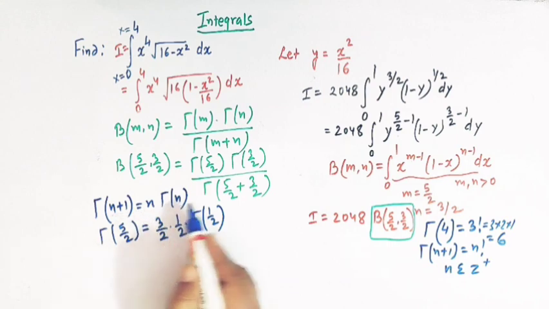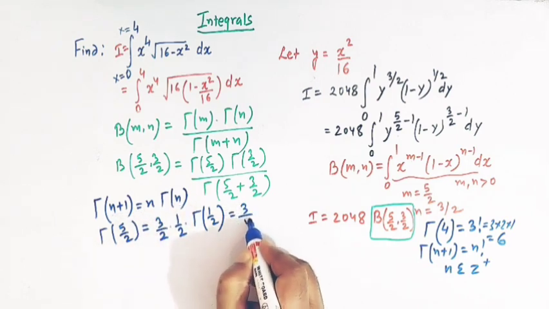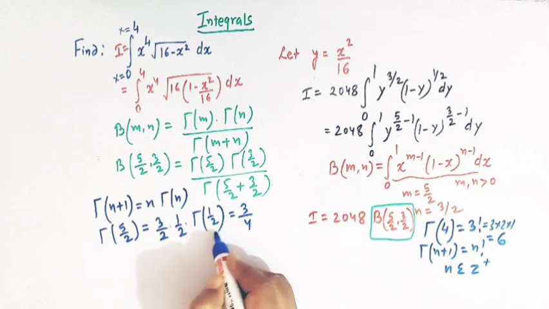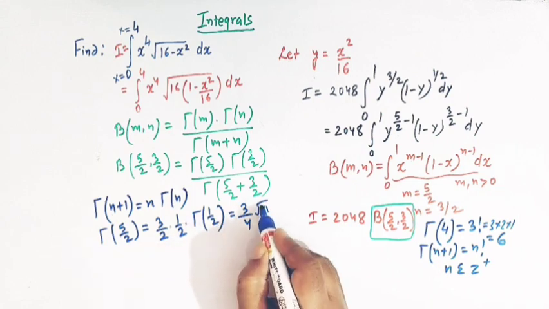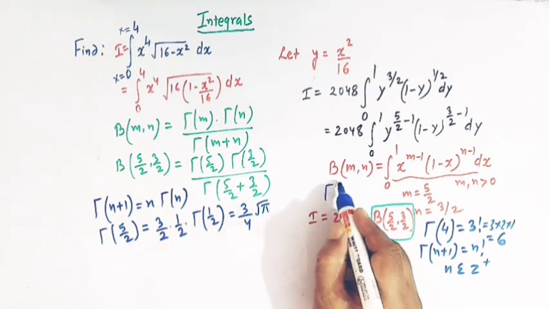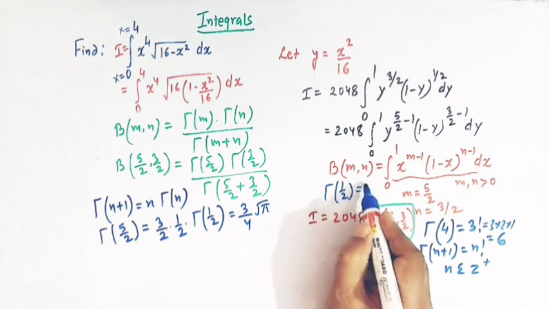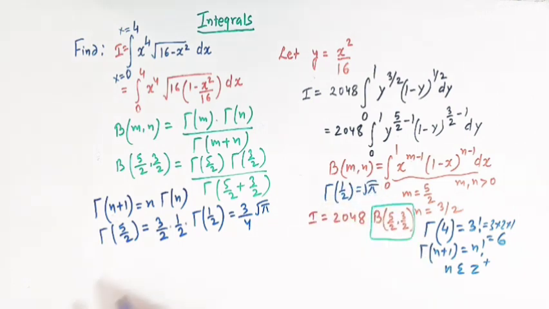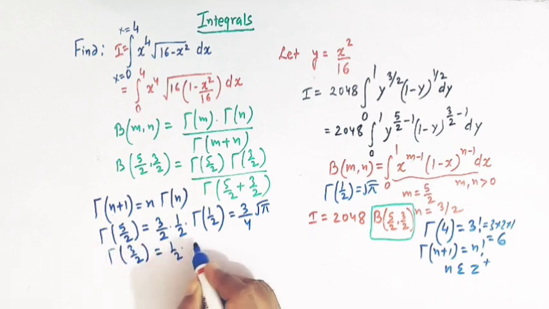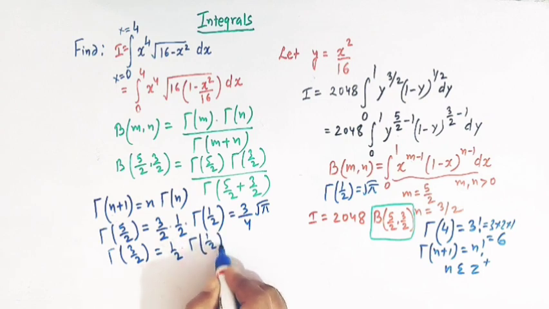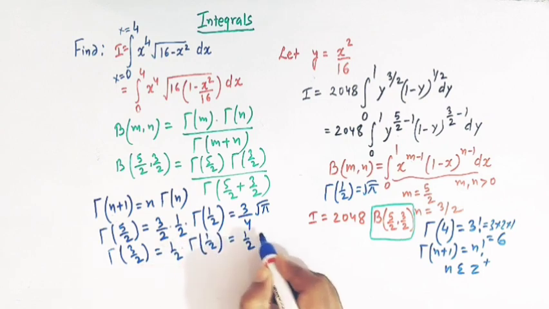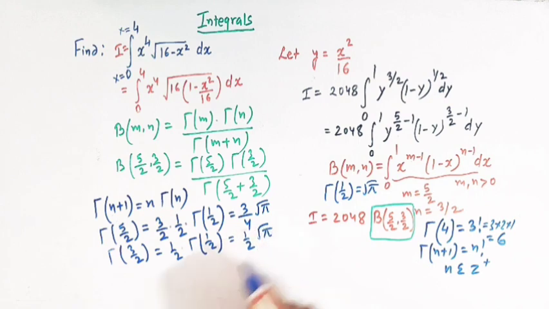Due to this result. So we have 3 by 4 and gamma half is square root of pi, right? So the value of gamma half is square root of pi, and gamma of 3 by 2 can be written as half times gamma of half, and that is half times square root of pi, right?